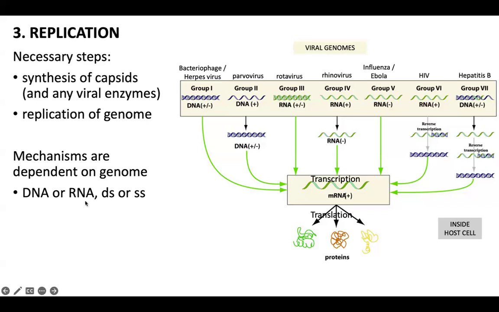So is it made up of DNA or RNA? Is that double-stranded or single-stranded? That's going to make a difference in what steps are needed for the translation of the viral genome into capsomeres, and the copying of the viral genome to be part of the new viruses that are made.